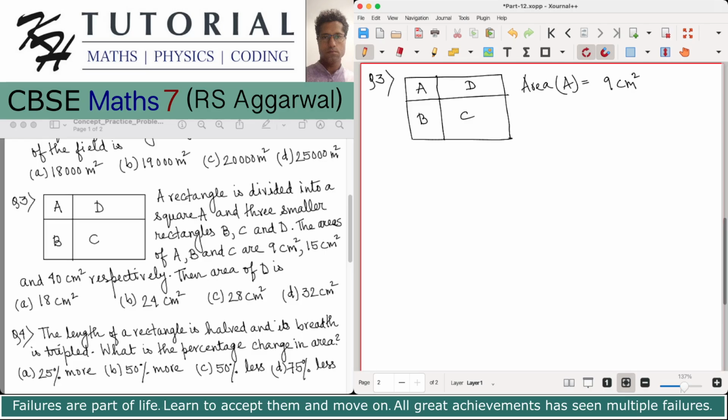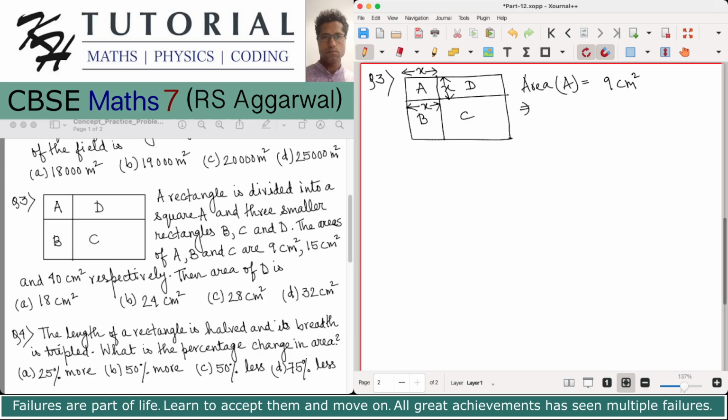Since A is a square, let's say the side of the square is x centimeter. So this will also be x, and this will also be x.